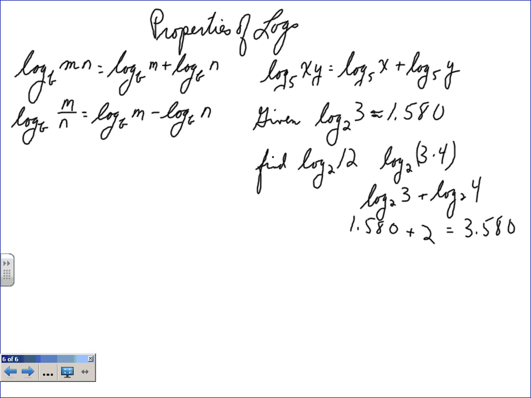Okay. How about this one? Find log base 2 of 54.